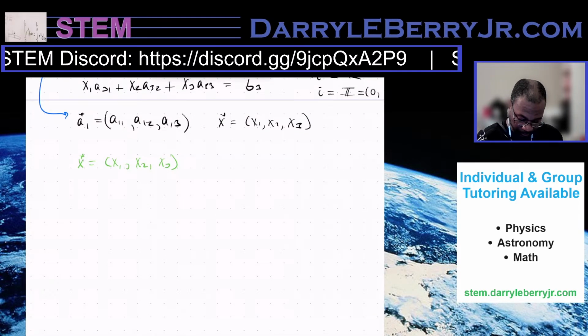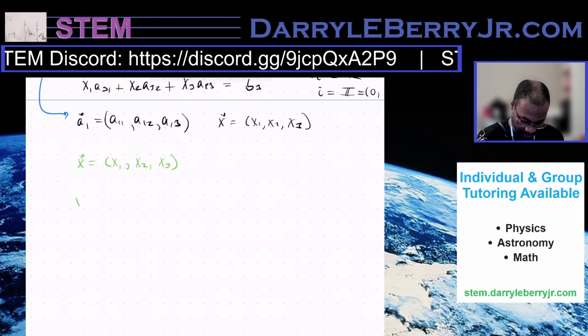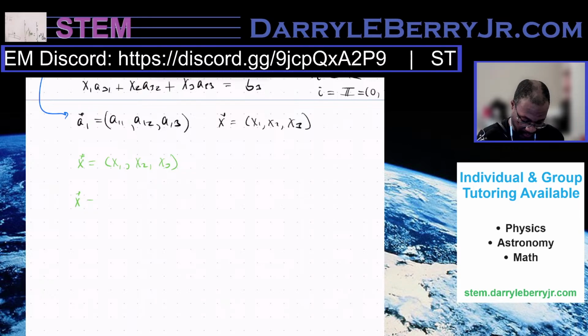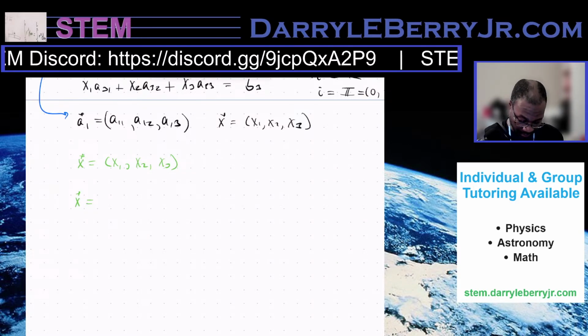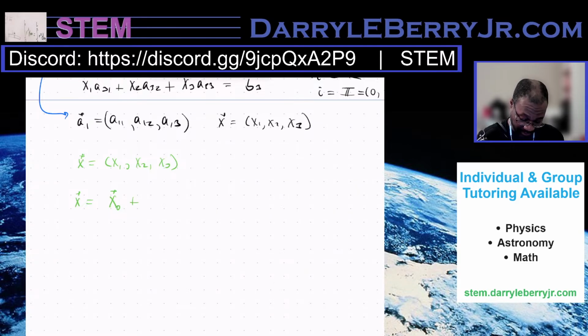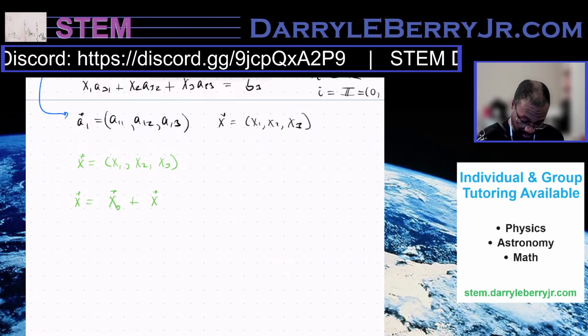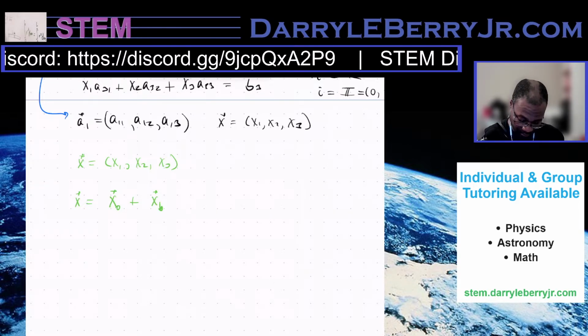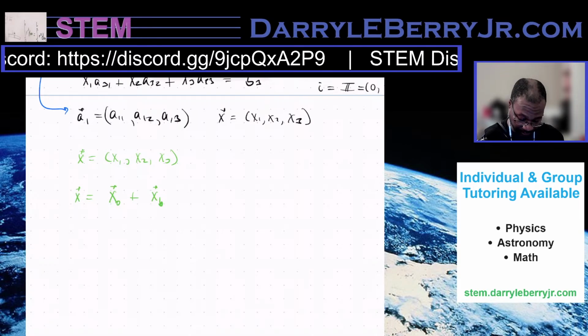So we can say that x is going to be the solution to the homogeneous equation plus the solution to the general system.